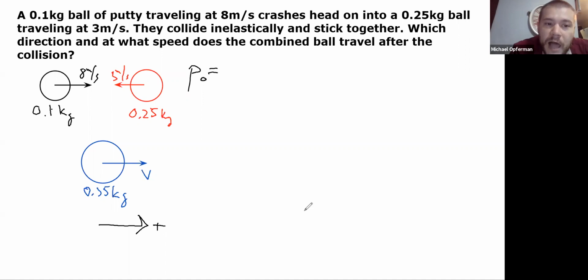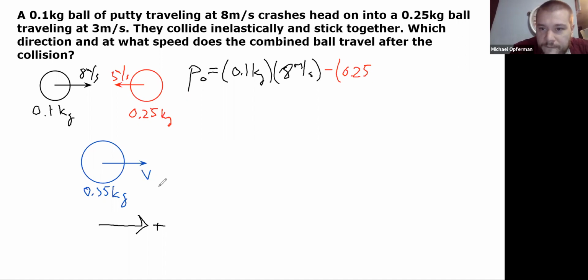So that means for the black ball there, we've got 0.1 times 8. I'll write it out longhand just to make sure people can follow. 0.1 times 8. So that represents the black ball. Then the red ball is going to be minus 0.25 kg times 3 meters per second.